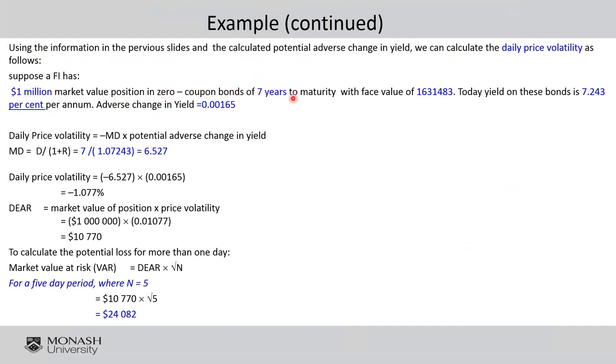It has 7 years maturity with a face value, after 7 years, of 1,631,000. Today the yield on that bond is 2.43%, and the adverse move in the yield is 16.5 basis points. Where did I get this one?